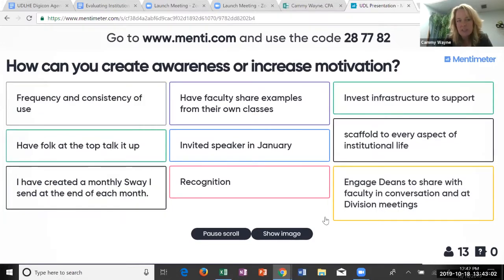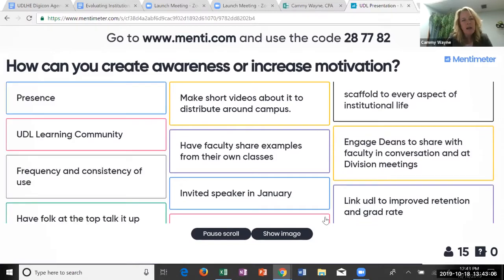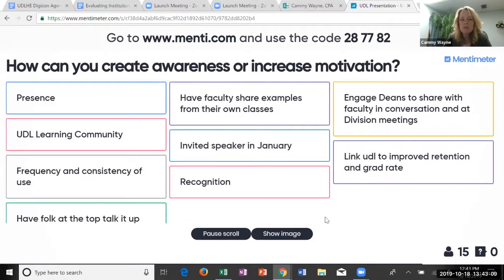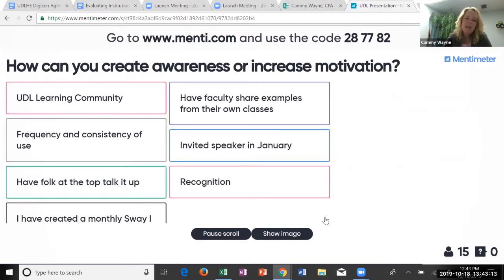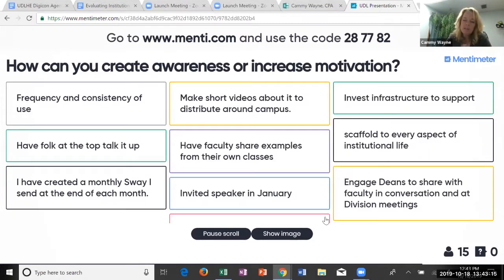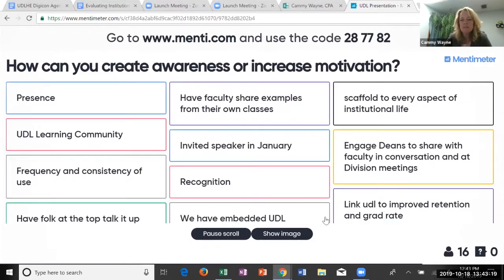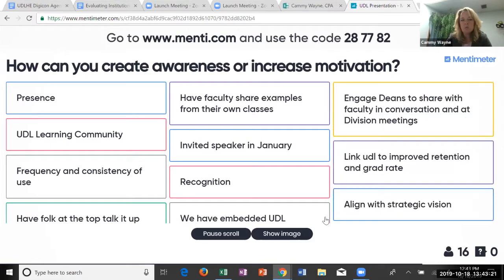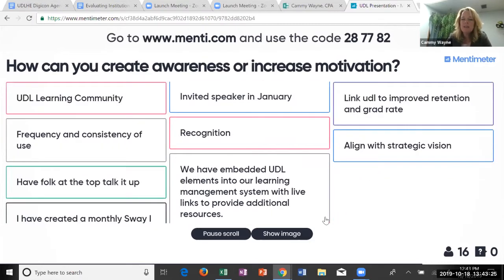Having that conversation. And it's helpful if you have a couple of really great faculty who are immersed in the UDL community, and then other people know where to go to get that information about UDL. I think recognition is a great way to increase that motivation.